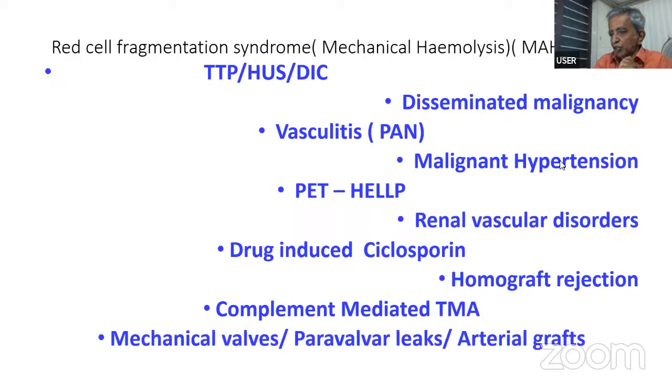Then I already told you about mechanical valves, which produce hemolysis particularly with paravalvular leaks, and arterial grafts. In the first class on red urine, I described a mitral valve replacement with a paravalvular leak. And that syndrome was called Waring-Blender syndrome. Waring-Blender syndrome refers to mechanical hemolysis after replacement with a mechanical valve, particularly when there is a paravalvular leak.